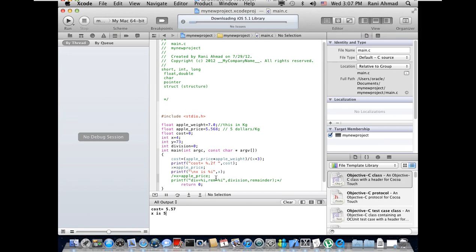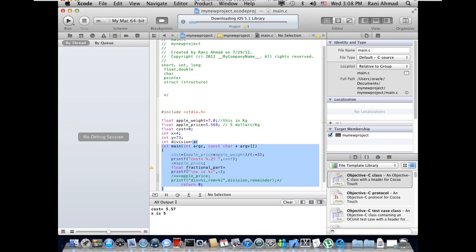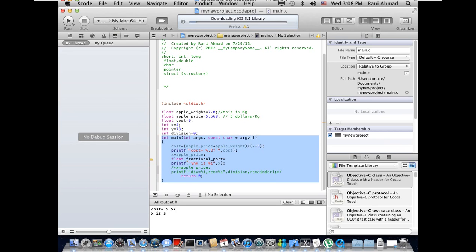Now if I want to get the fractional part, I can locally define a float variable, fractional part. This is local to the function main, the block int main, which is a function. Later we'll talk about functions, but this is the fractional part, and then I can say apple price, because apple price is bigger than x, minus x.